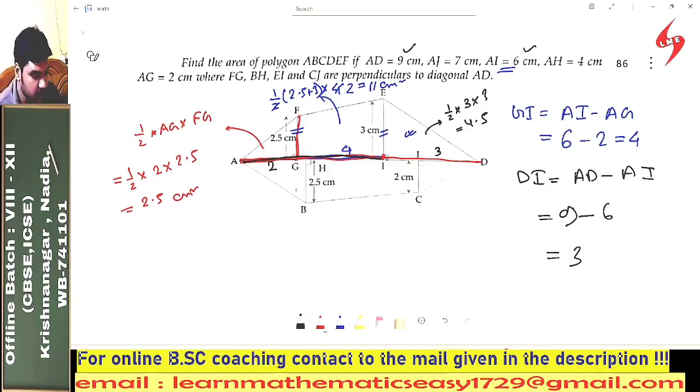Next part is this one. Okay. So I have to know the length of this base, that means AH. Here the base of the triangle ABH is AH. So I have to know the length of AH. Here you can see AH is given. That is 4. Okay.